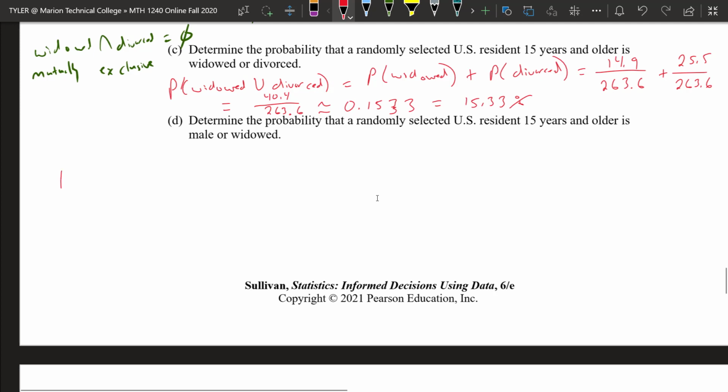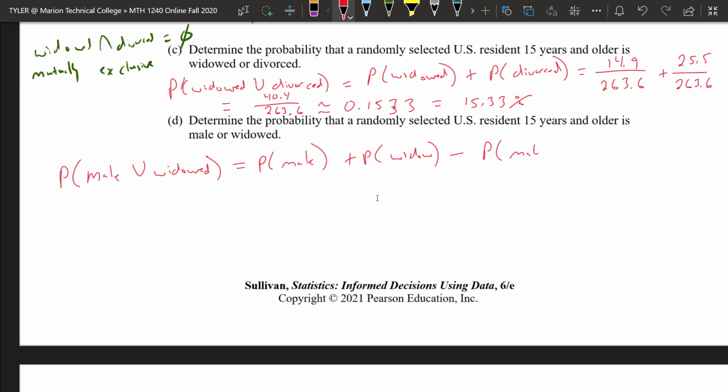So the probability of being a male or being widowed is equal to the probability of being a male plus the probability of being a widow minus the probability of being a male and widow. The total number of males is 128 million, so that's divided by 263.6, plus the total number of widows, 14.9 divided by 263.6.